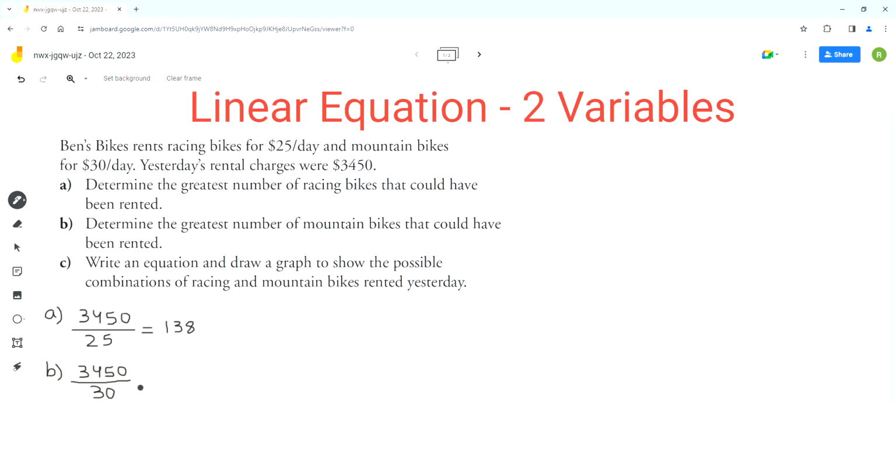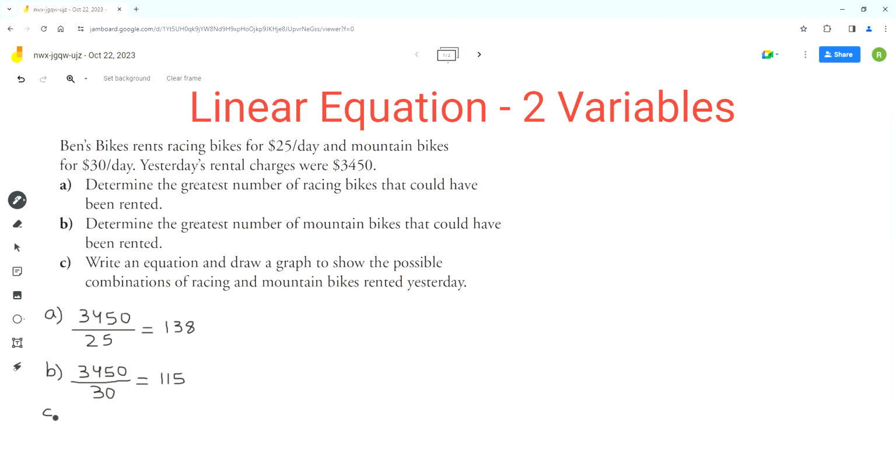So the idea is that the greatest number of mountain bikes will be rented if no racing bike was rented yesterday. So we'll divide 3450 by 30 and I got 115. So this is the maximum number of mountain bikes that could have been rented yesterday.